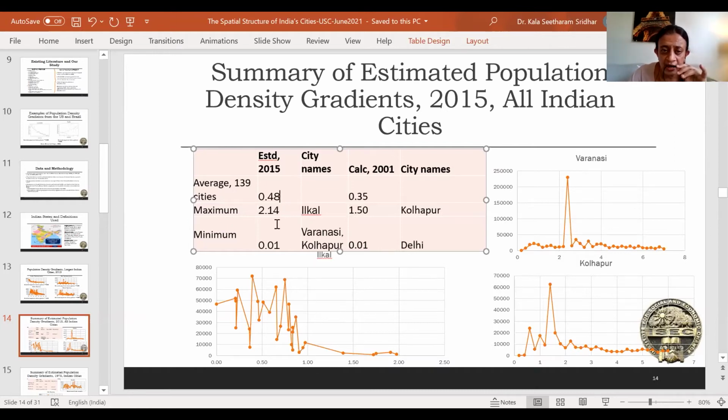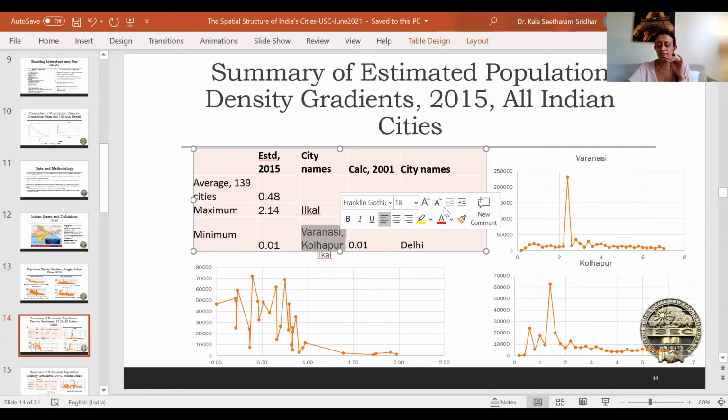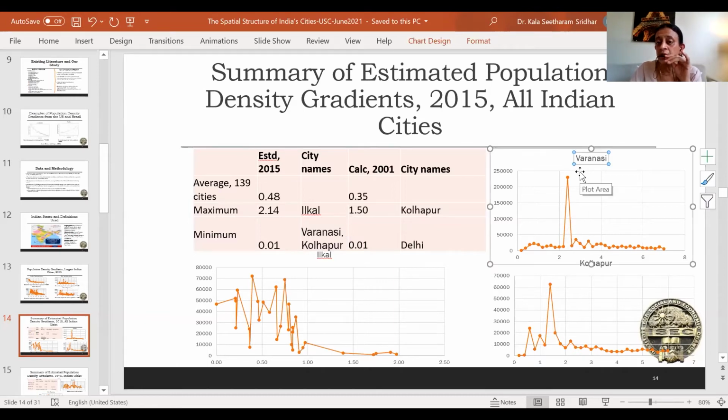And the city names are given here for the maximum, and this is the most suburbanized, right? The lowest absolute value, 0.01. And I was happy to note that Varanasi in Uttar Pradesh was one of the most suburbanized in 2015, because I think that this was Prime Minister Narendra Modi's home electoral constituency in 2014 for the first time.